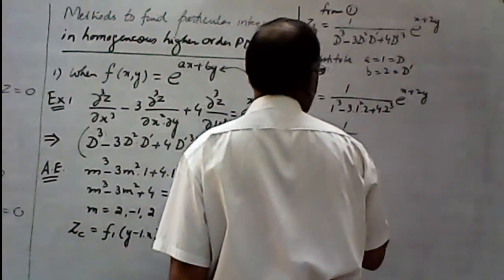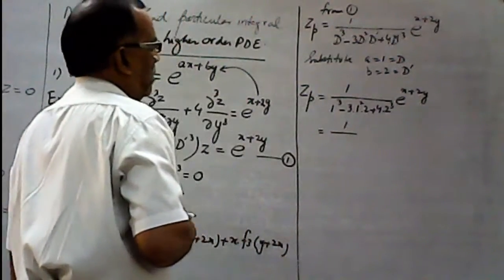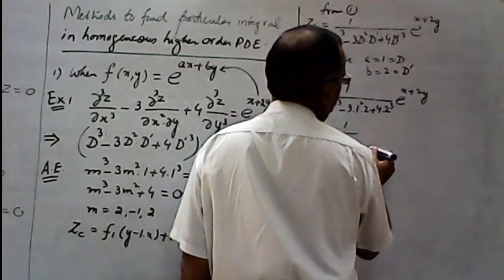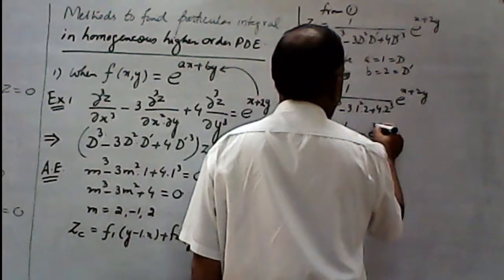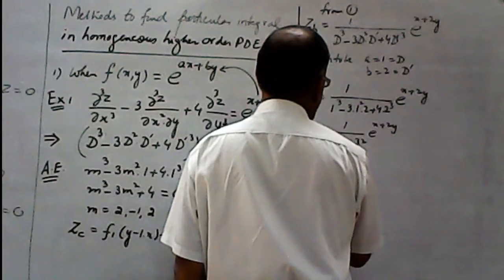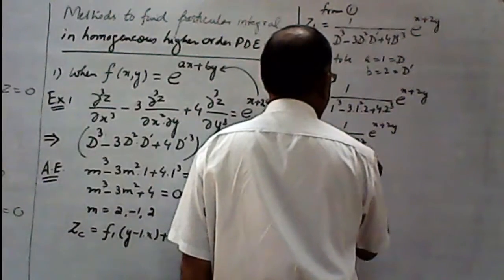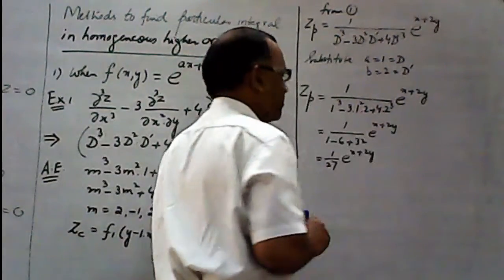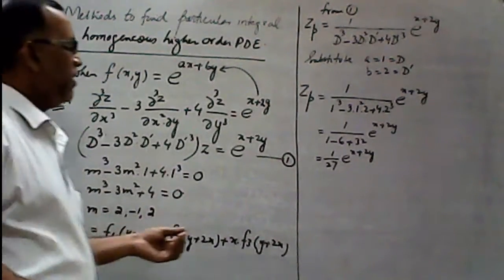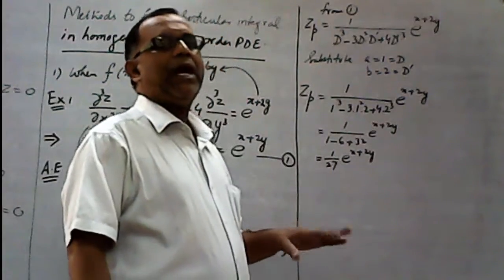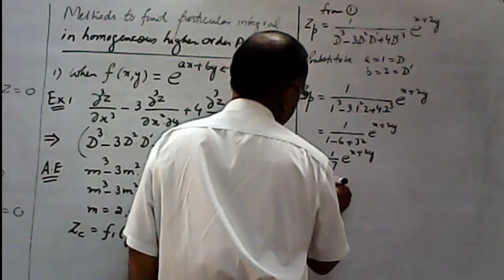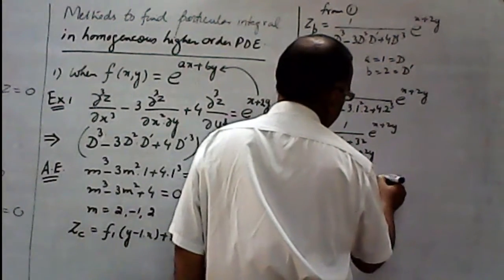If I simplify, this will be 1 minus 6 plus 32, e power x plus 2y, means the final answer will be 1 upon 27 e power x plus 2y. As we saw in higher order ODE, if the denominator is non-zero, then this will be the answer. So this is the answer of the particular integral.